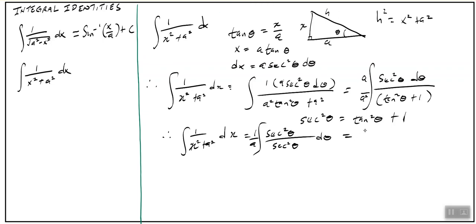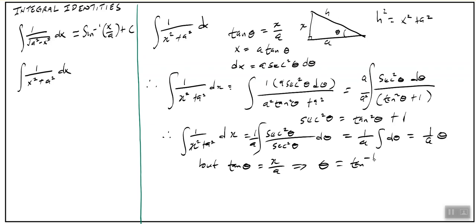Now this results in 1 over a integral d theta, which will give me 1 over a theta. Now going back here, tan theta is equal to x divided by a. It implies that theta is the tan inverse of x divided by a.